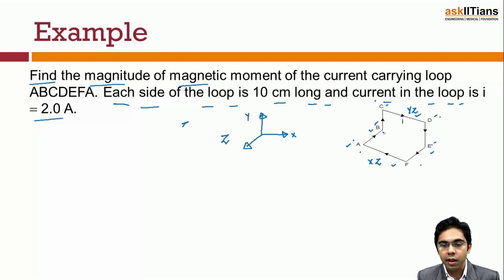So it's easy to do this: let's join BE somewhat like this. Let us assume that BE is carrying current for ABEF, and the current in the loop is this.